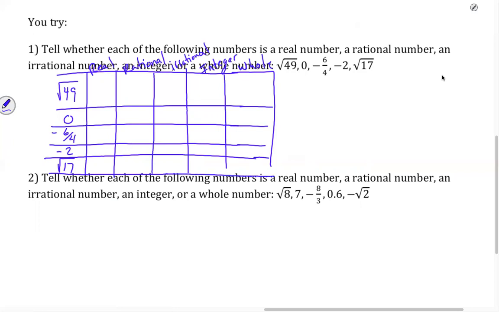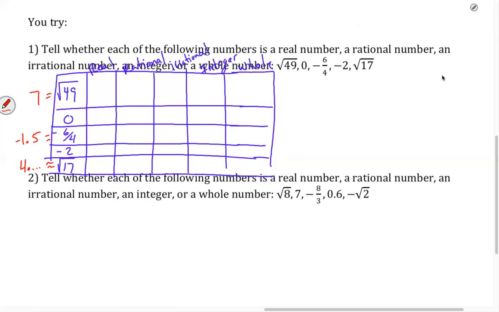So the square root of 49 is 7. I'm sorry if I'm going a little fast, but I want to get done the last problem before the end. 0, 0, negative 6/4, well, we can leave it like that, or we can also deal with it as negative 1.5. Negative 2 is that, and the square root of 17 is 4 point something. I don't know what that something is, but I know it doesn't repeat.